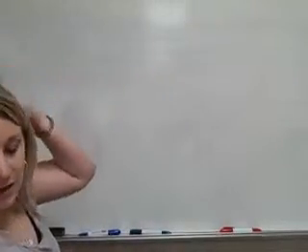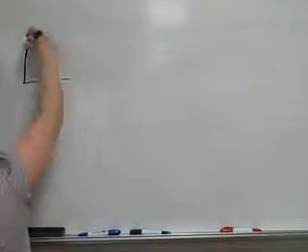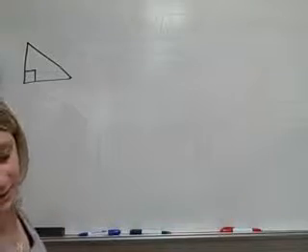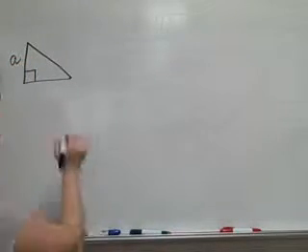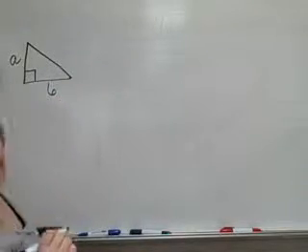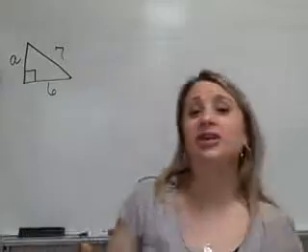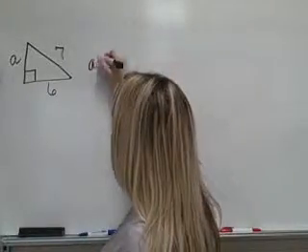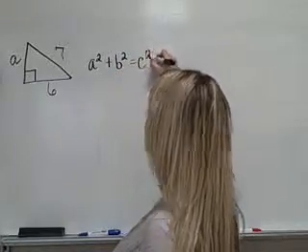Let's say that we have a right triangle, of course. And let's say that this side, we're just going to call it A. This side we'll call 6, and this side we'll call 7. So we have a right triangle, but we're missing one side. You can use the Pythagorean theorem to find that missing side. We'll do a squared plus b squared equals c squared.